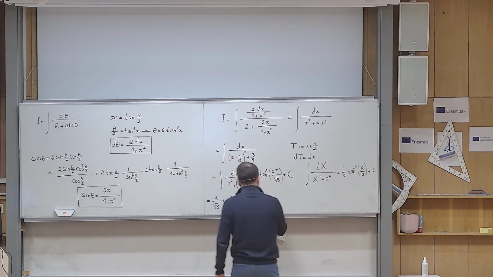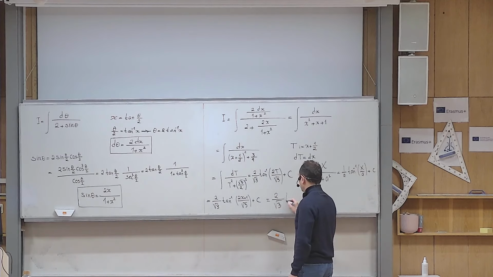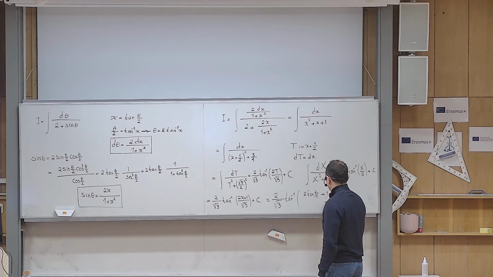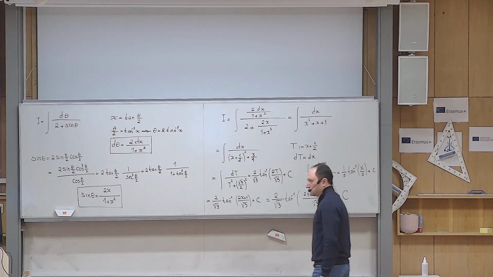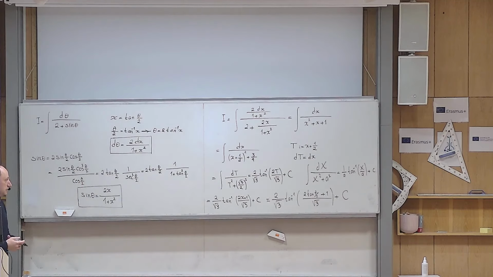So then what happens? It becomes 2 over square root of 3 tangent inverse of 2 times tangent theta over 2 plus 1, and then the whole thing divided by square root of 3, and then I have a constant c. So let me see if that's exactly the answer. Yes, that's exactly the answer we're supposed to reach.